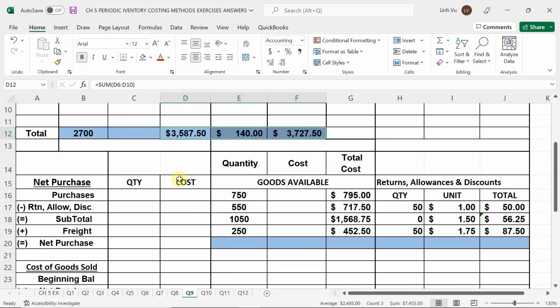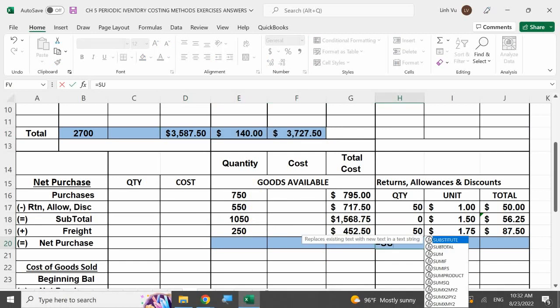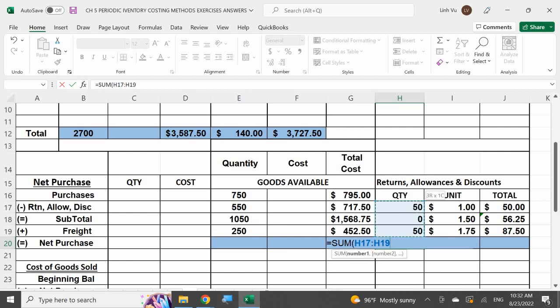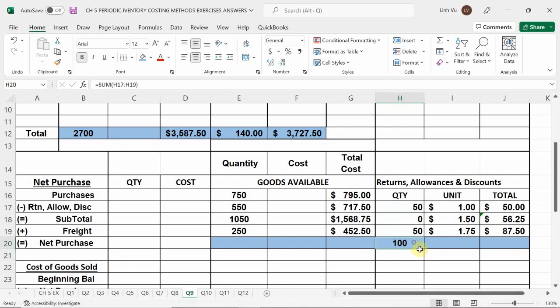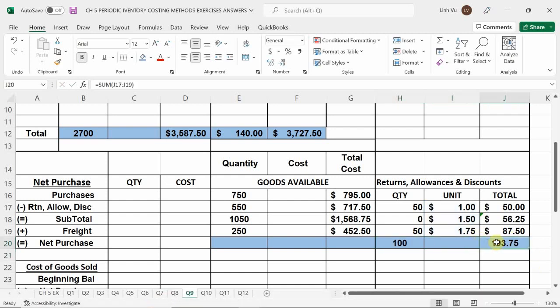Okay. We can go ahead and do this later. How many items did you return? 100. At a grand total refund of $193.75. Okay.